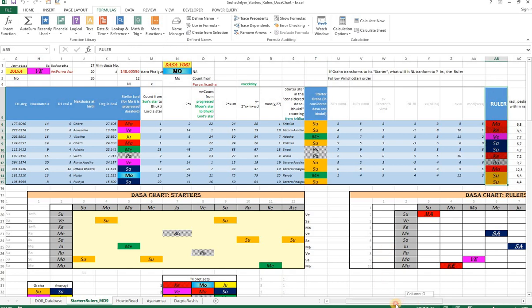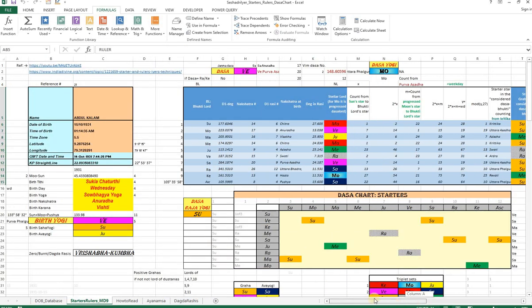So he makes a neat matrix out of this, where he lists down all the bhuktis in a specific manner. He takes Surya at the top and Chandra at the bottom, and then from the bottom he writes the planets in the order of the Vimshottari. After Moon, you have Mars, Rahu, Jupiter, Saturn, Mercury, Ketu, Venus, and Surya.